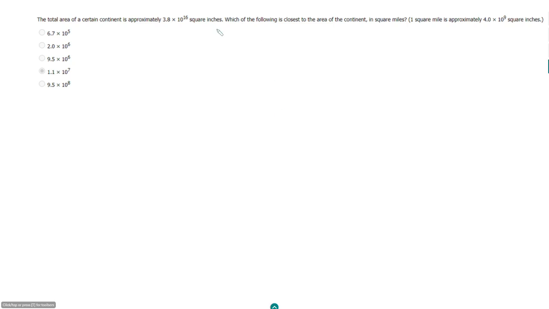They are asking you to convert from square inches to square miles. And normally when they ask you to do that, the conversion they give you is just from inches to miles.